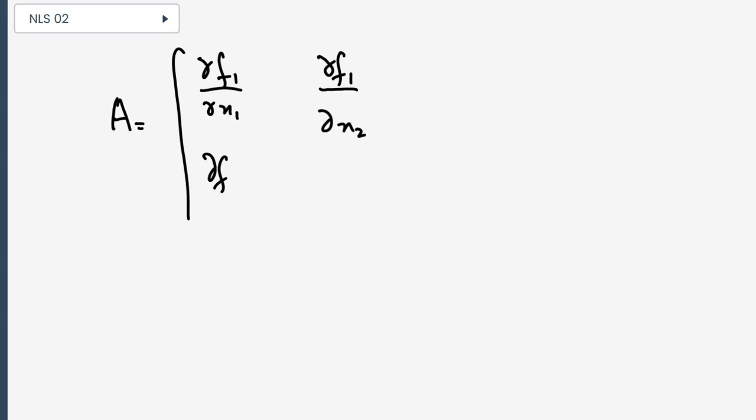The A matrix will be given by delta f1 by delta x1, delta f1 by delta x2, delta f2 by delta x1, delta f2 by delta x2.